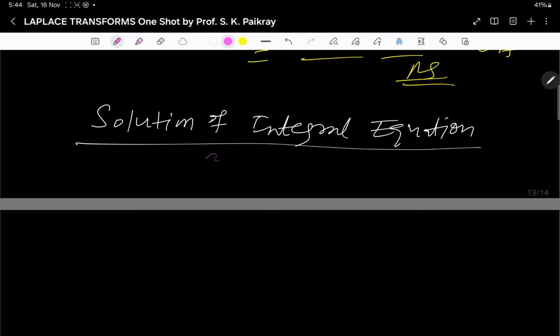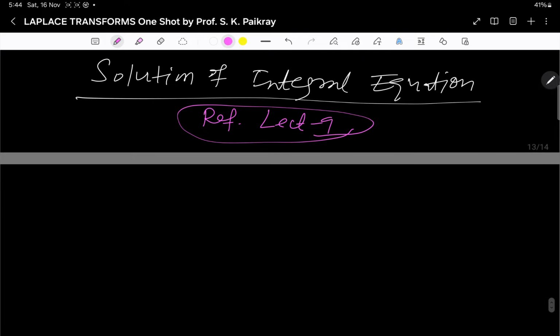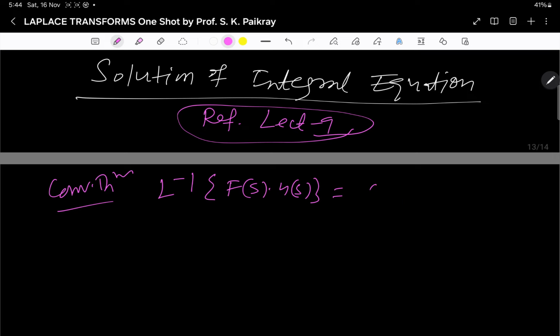For detail of study you should refer to my lecture 9, but I will tell you the basic things to solve the problems here. So as you know, the convolution theorem: L inverse of F(s) into G(s) is f(t) convolution g(t), is it not?